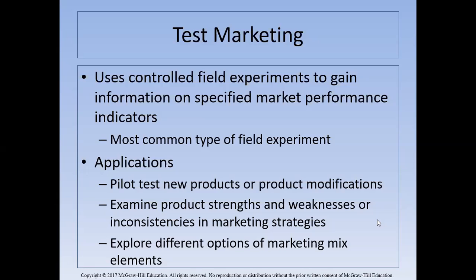So we will explore the different options of marketing metrics elements, and in the next class we'll be talking more about descriptive surveys versus the quantitative and qualitative surveys that we are doing.